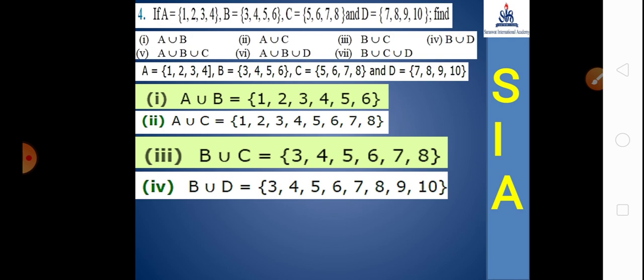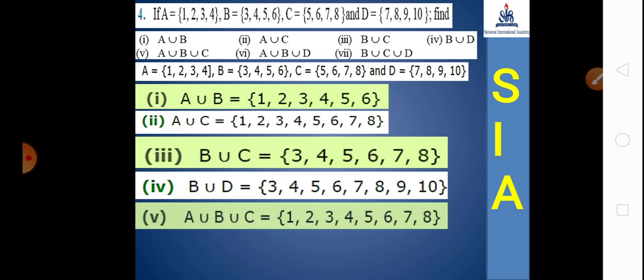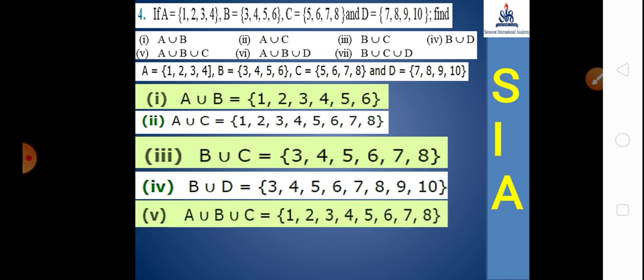Fourth one, B union D. Now you look at B and D, all elements without repetitions. And fifth one, A union B union C. It means, students, you see set A, set B and set C, all elements you cover without repetition. So your answer is 1 to 8.